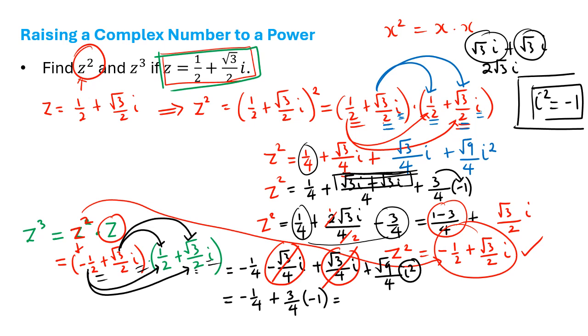Okay, so meaning that we're going to get negative 1 over 4, then minus 3 over 4. Negative 1/4 minus 3 over 4. Again, we have the same denominator, so we're just going to keep it and just do negative 1 minus 3, which will be negative 4 over 4. And this gives us negative 1.